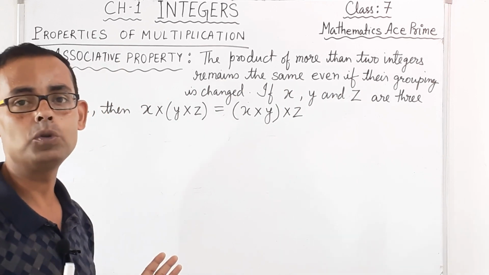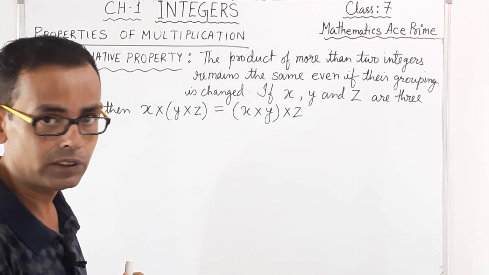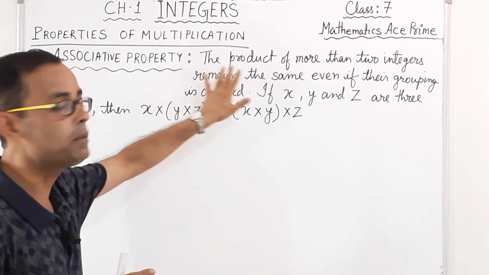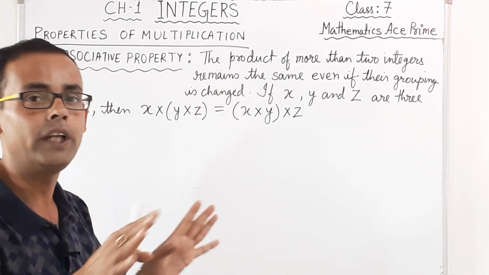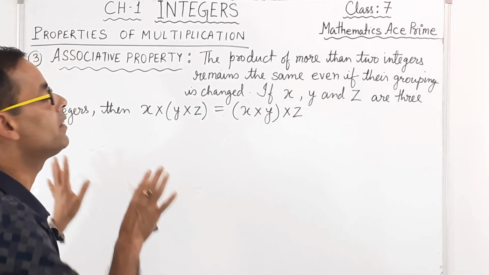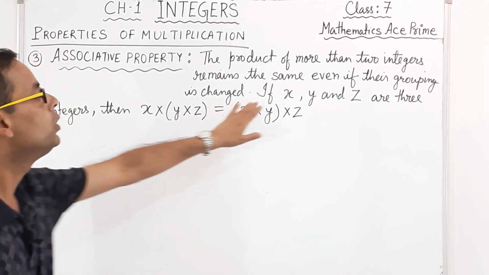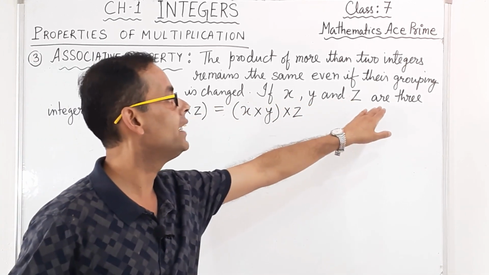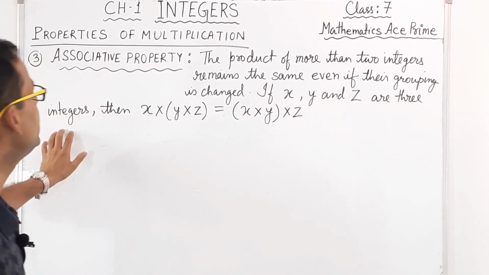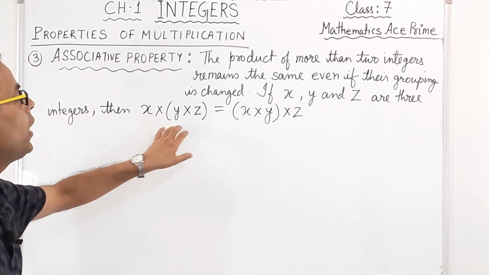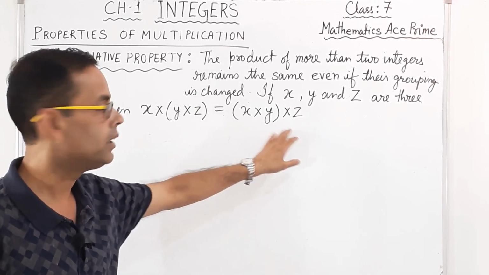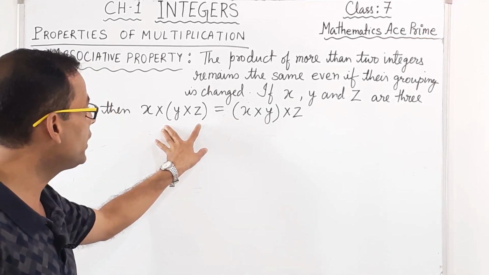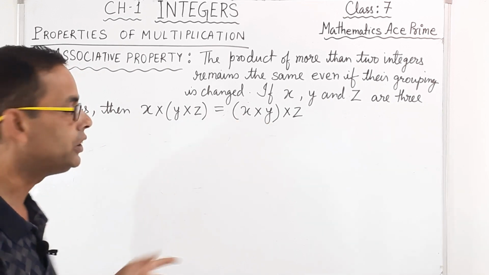That means you have to take more than 2 integers and multiply, and if you change the grouping, the result will still be the same. How? If x, y and z are 3 integers, then x into y into z equals x into y into z, where here you are making this one group, and here this one, the grouping changed.